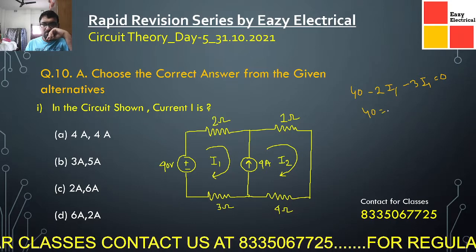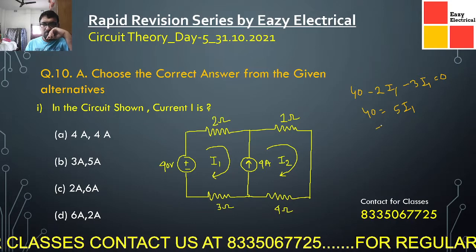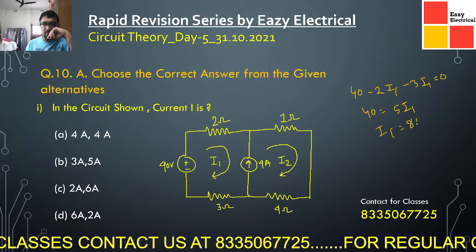So 40 is equal to 5 I1. So I1 is equal to 8 amperes.